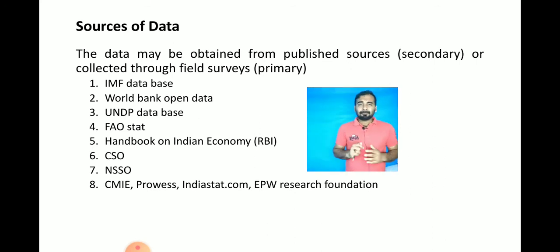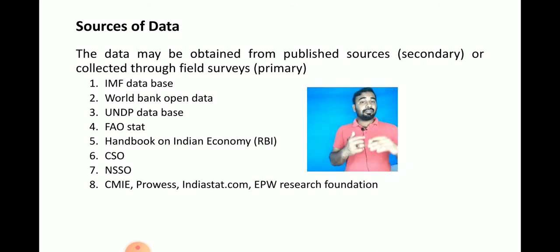Okay, so for secondary econometric experiments we need certain data. These data are available on the IMF website and the World Bank open data website. Okay, there are certain databases like the IMF database, the World Bank open database, then the UNDP database, then Food and Agricultural Organization stat.